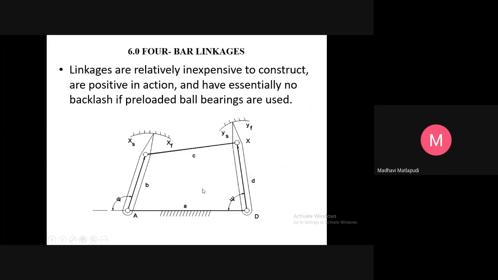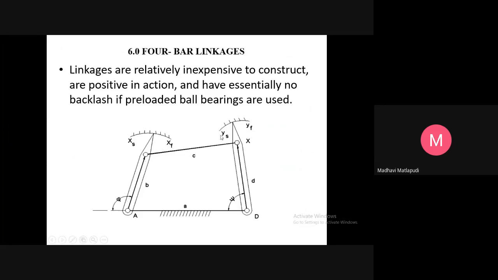So for this to work as a kinematic mechanism, one link has to be fixed and input is given to one link, and through the coupler link C, output is taken at link D. Now link B is allowed to have a range of XS and XF, where XS is the start angle of the input link and XF is the end angle of the input link, and phi is the input angle.